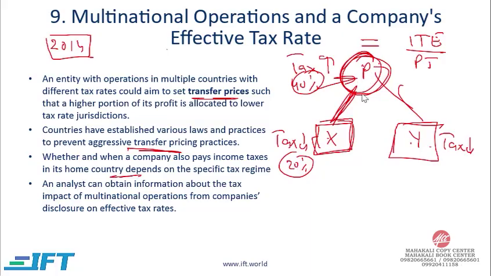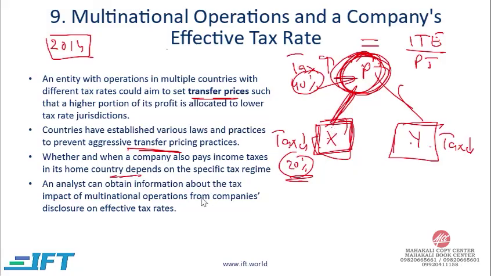So the tax regime of the home country might say that you pay 20% in the foreign country, and then the balance is paid in the home country. This is one scenario. Later in corporate finance, we will talk about multiple tax regimes. At this point, you don't need to understand the specific tax regimes. Just recognize that different countries will have different tax regimes.